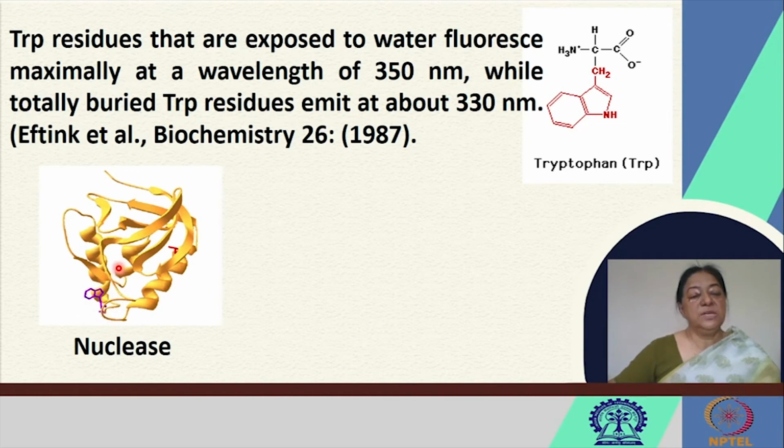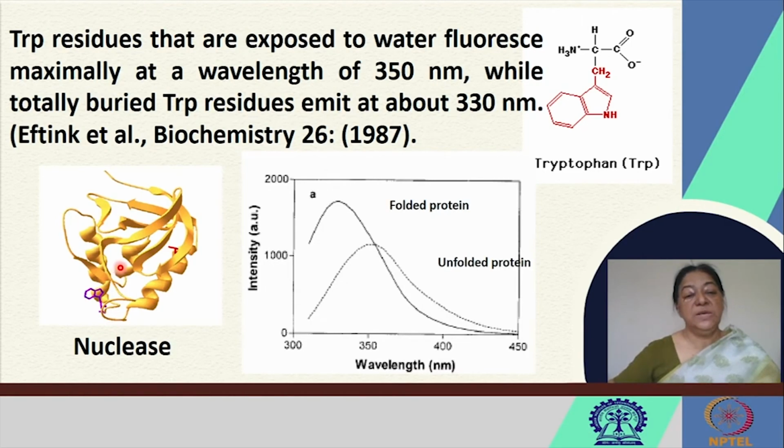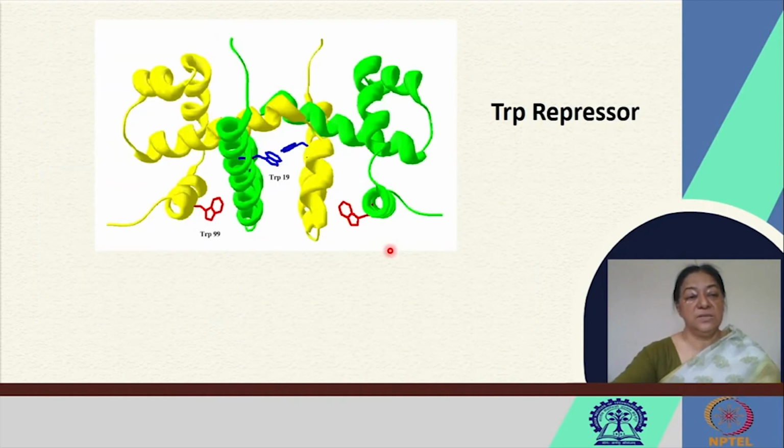If we do an experiment where we unfold the protein, we can observe that the tryptophan emission has red shifted for the unfolded protein, which is this spectrum here. So this can also lead us to an identification of locations of important tryptophan residues.